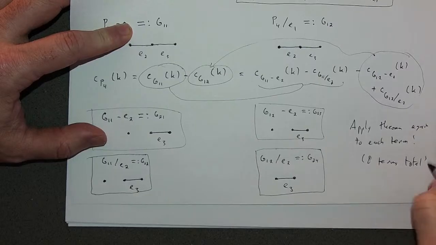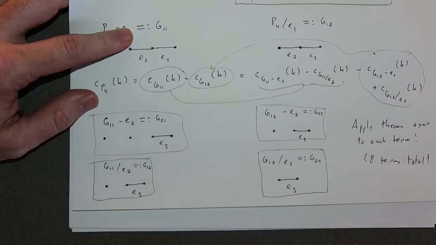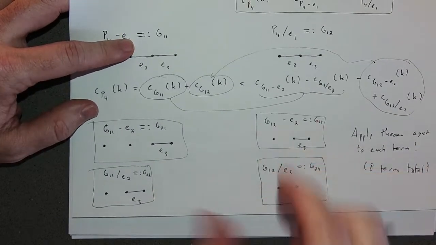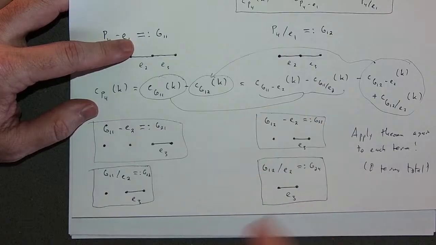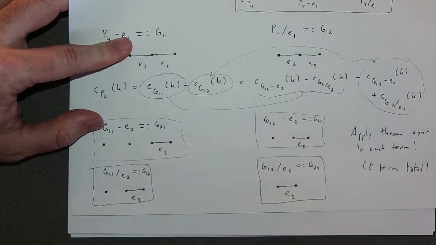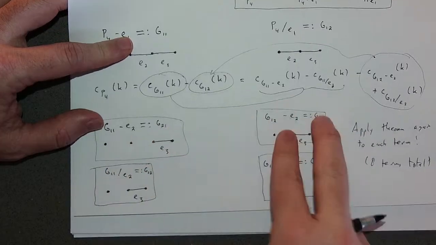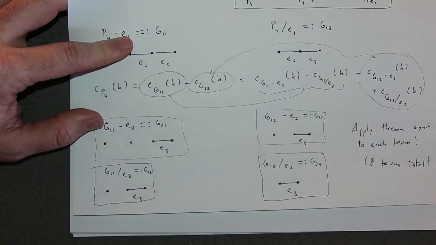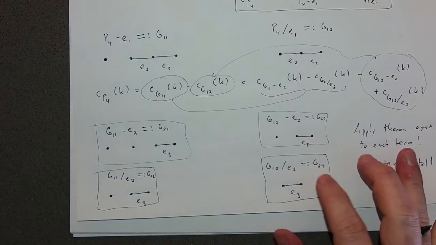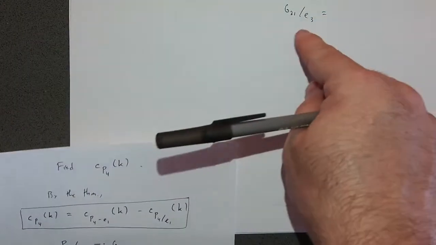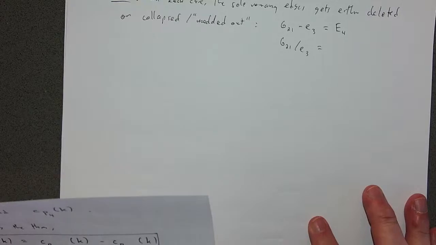Those 8 terms correspond to doing each of those 2 operations, edge deletion and edge collapsing, on the remaining edge of each of these boxed graphs. So I'm doing it twice here, twice here, twice here, twice here. That's 8 total terms. So I'm just checking. This is like a roll call of what graph results when I do this operation, right?